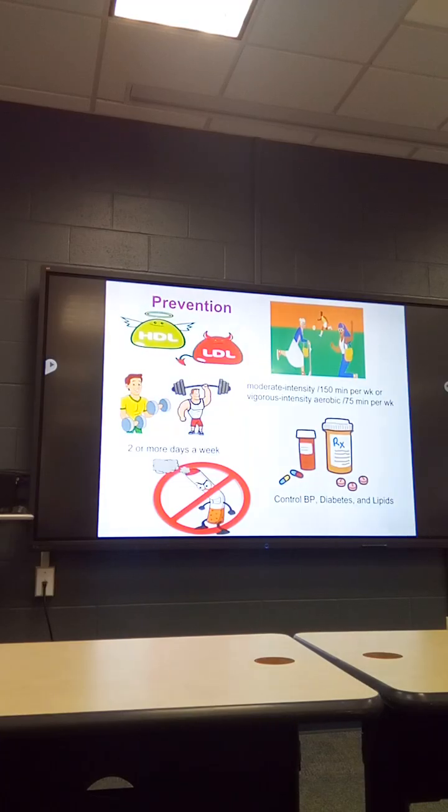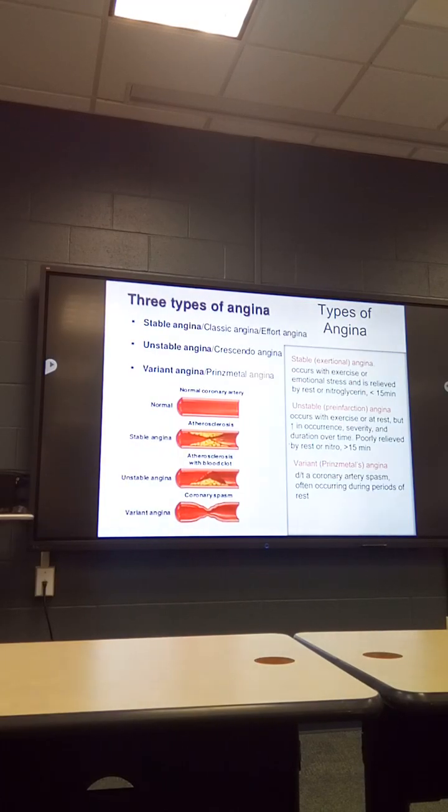So I'm going to get through at least the main types of angina. There's stable, unstable, and variant. You will need to know the difference between these. Stable is someone has chest pain, and then within 15 minutes of rest, say they're at school and stressed, but then they go outside the classroom and just sit for 15 minutes or pop a nitro, and the pain goes away within that 15 minutes.